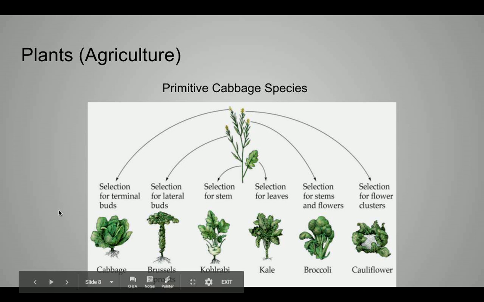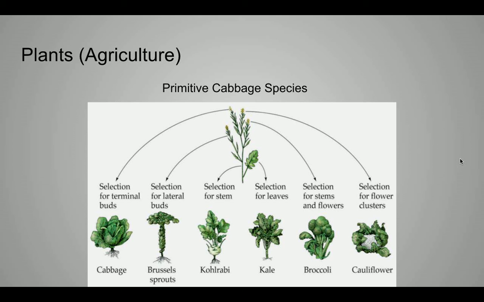This picture shows how our everyday vegetables like cabbage, broccoli, and kale actually all came from the same primitive cabbage species. So that's a pretty cool thing. Eventually, farmers just found ways to mate these plants into what they are today. So that's another great use of artificial selection.